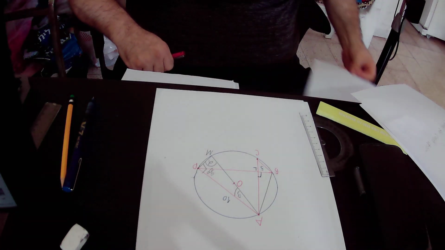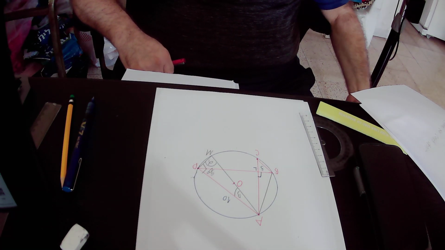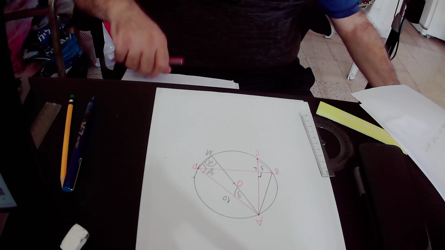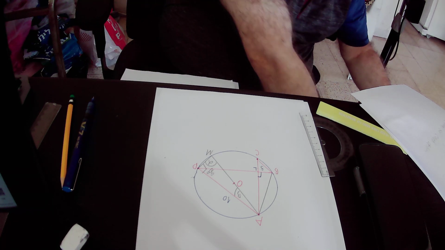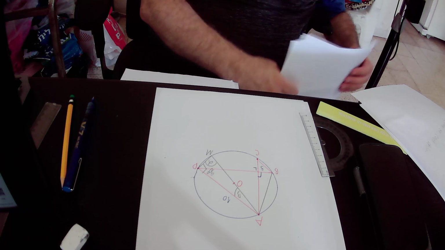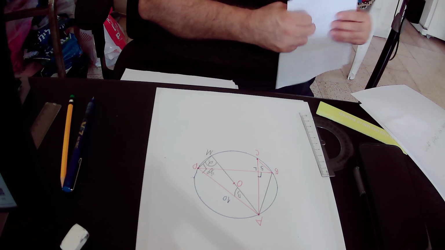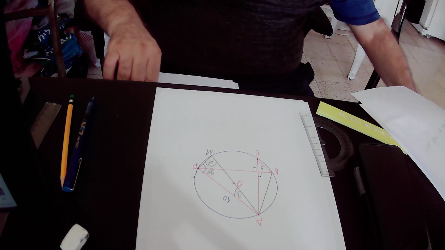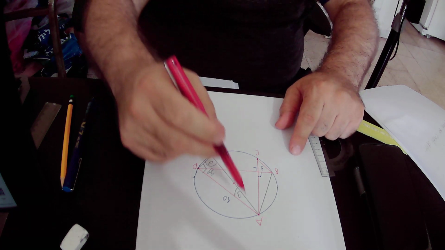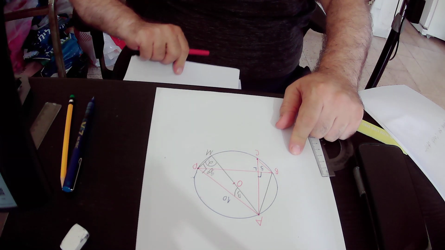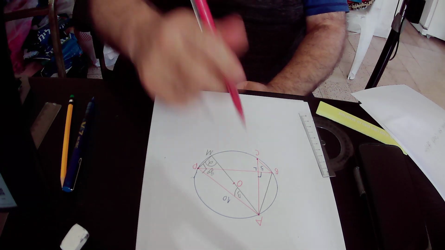Okay, so we can implement rule number 2 in our circle, because we actually have angle AMD, that is alpha.